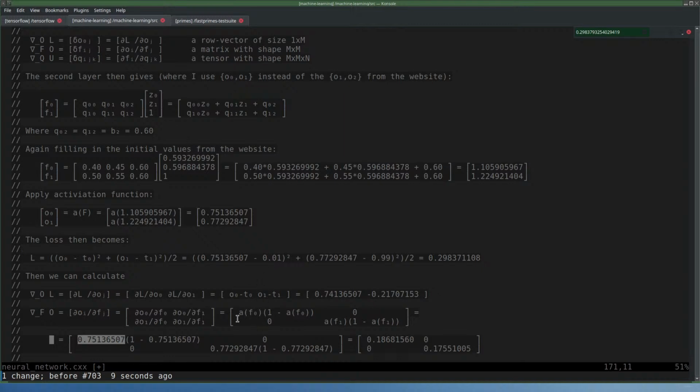So maybe I should have written O here. Why am I writing A here? Well, because you want to see the A times the 1 minus A, knowing that O is A of F. Gonna make sense, I guess. I can put one extra symbolic step here in between though, because the A of F is actually O. So this is O0 times 1 minus O0.